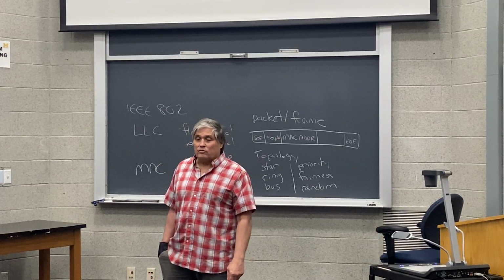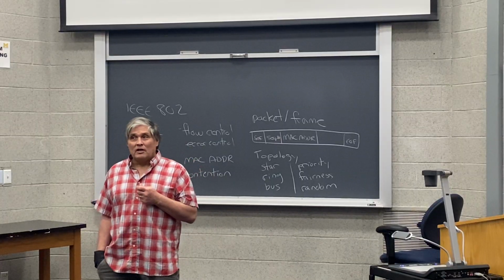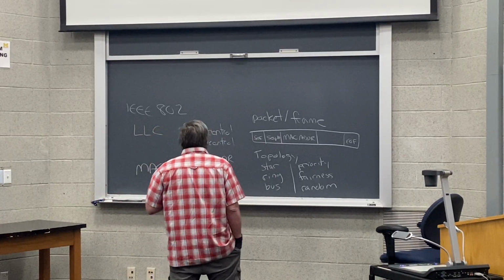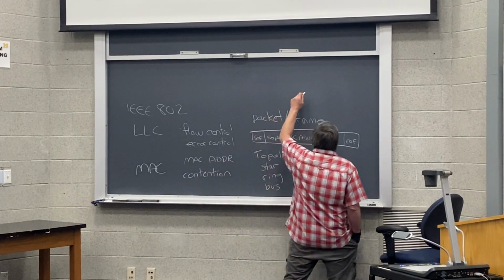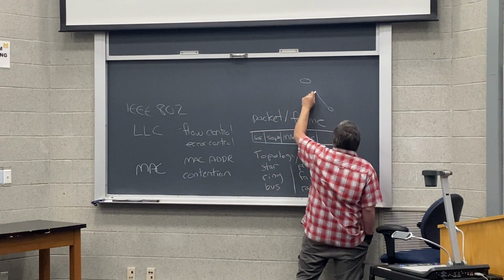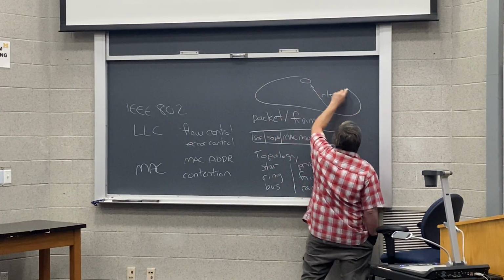And after the RTS, the wireless access point will send out a clear to send, a CTS. The reason that's important is, here's your wireless access point, you send out an RTS, and here's the coverage area of the access point.